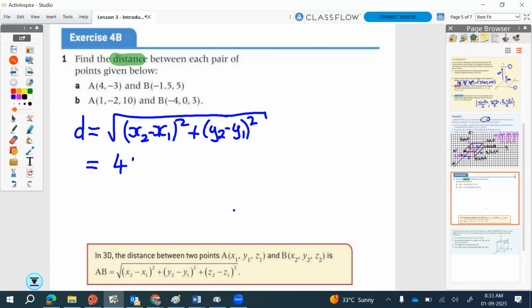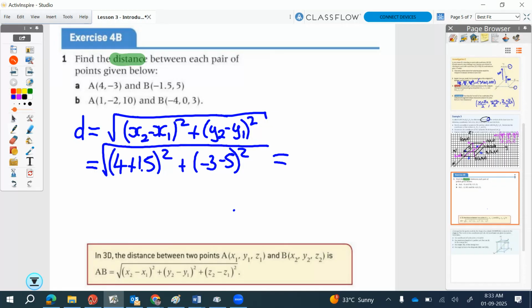This is going to give us 4 plus 1.5 squared, plus -3 minus 5 squared. I'll put that into the distance formula and pull it up onto the calculator.